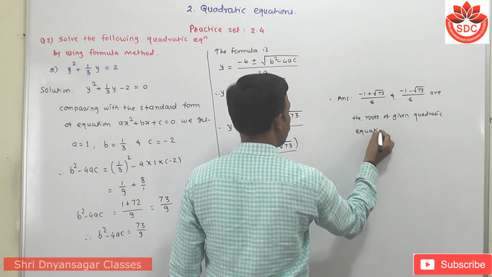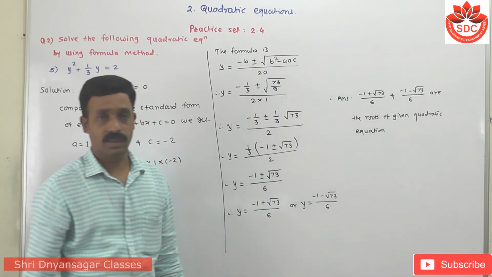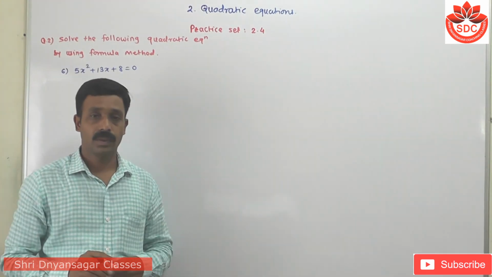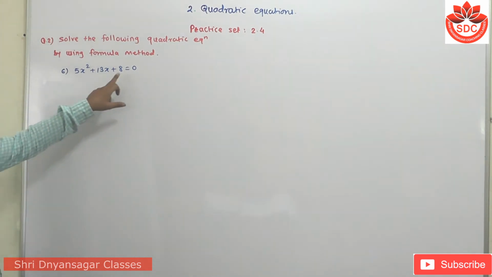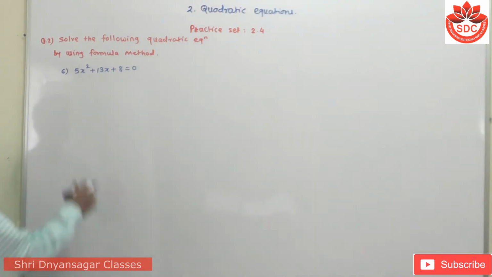Can you understand this question? Let's see the next question. Question number 6: 5x square plus 13x plus 8 is equals to 0. Of the question second.